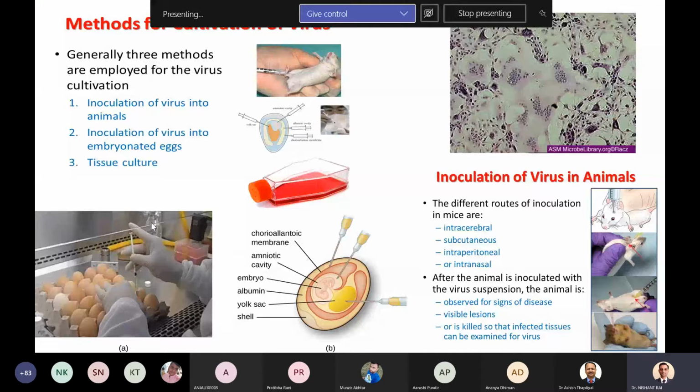You can see this picture where a researcher is trying to inject a virus in a fertile egg, right? So what happens? We procure the fertile egg, we screen the egg for the presence of the embryo, and for this we have a torch, or some closed chambers with a light system where we can see the embryo, and the color of the embryo indicates the condition.